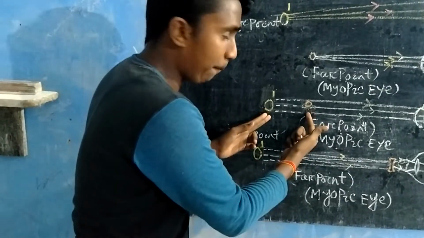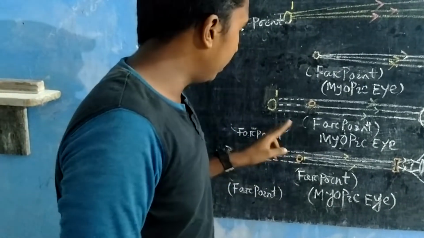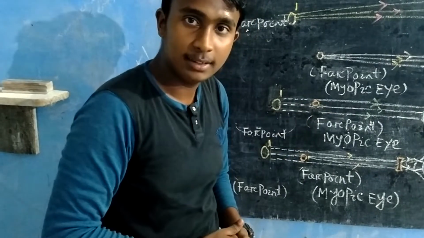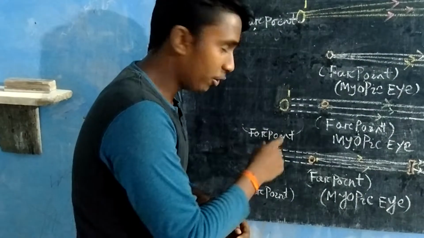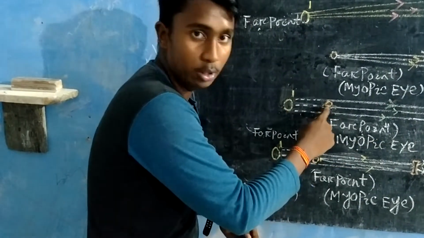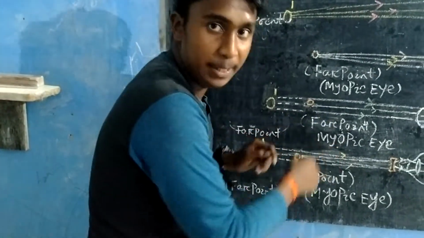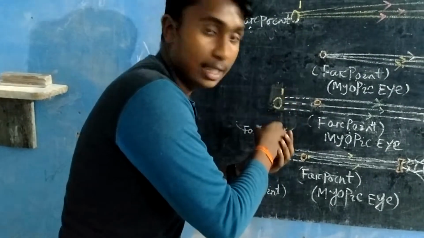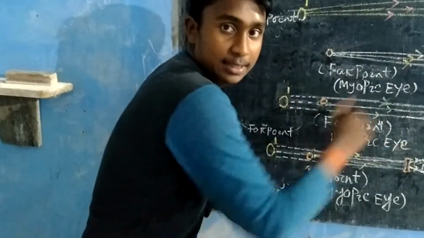If you compare these two, which one is nearer to the eye lens? Yes. O dash, the far point of the normal eye, is greater, and O, the far point of the myopic eye, is nearer. Due to this reason, the far point of the myopic eye is nearer than infinity to the eye lens.